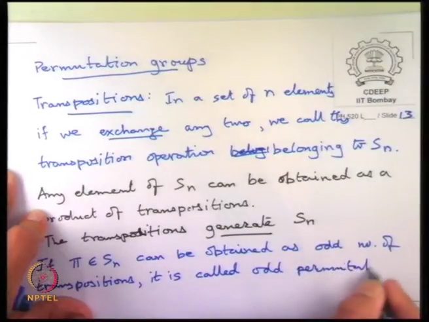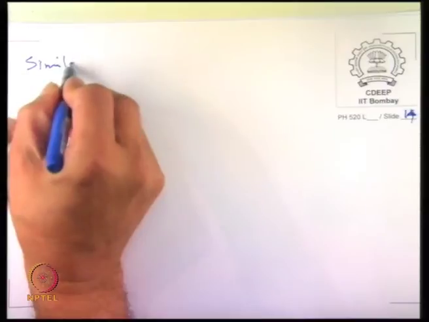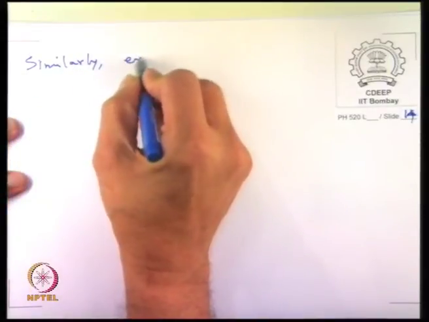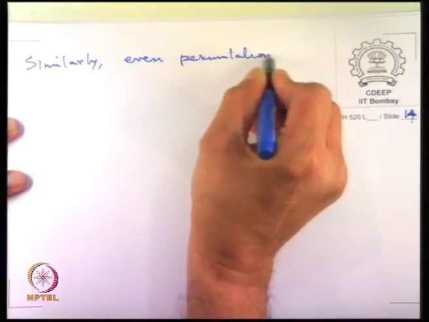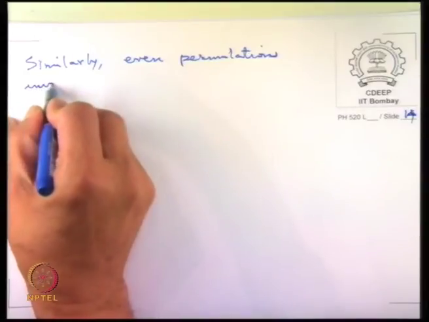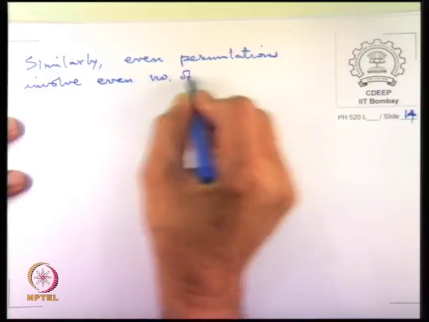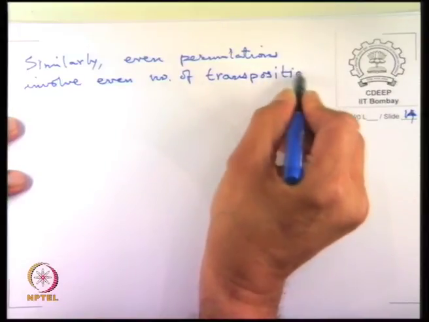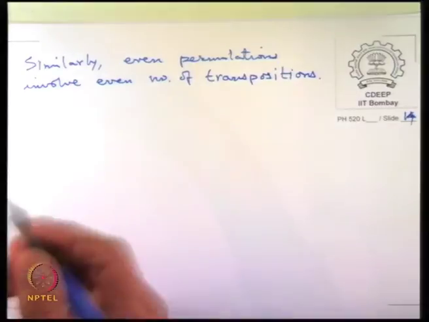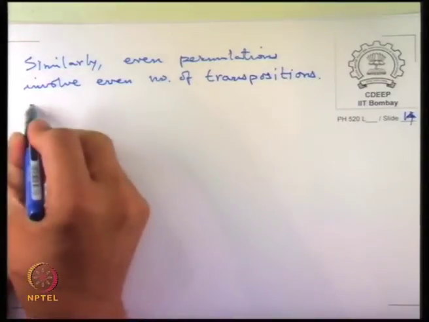And likewise, an even permutation. Note that if there are redundant transpositions you ended up making, they will always be even in number. So, oddness and evenness will remain the same.